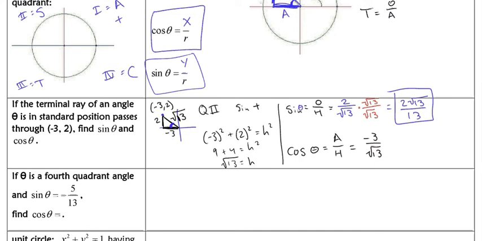And then again, we do want our denominator rationalized, so square root of 13 over the square root of 13, multiply both the top and the bottom by that. And that gives us negative. Remember, cosine's negative. The only one in the second quadrant that's positive is sine. So negative 3 root 13 over 13.